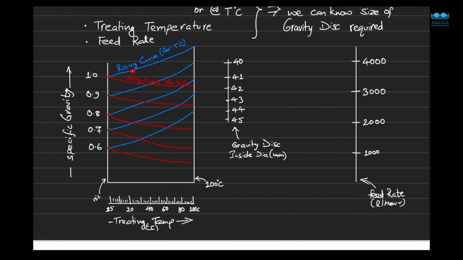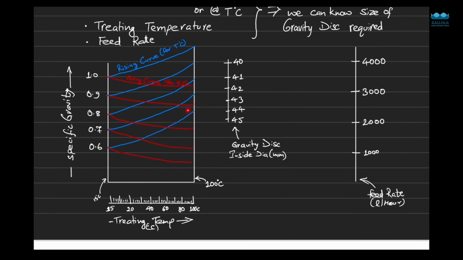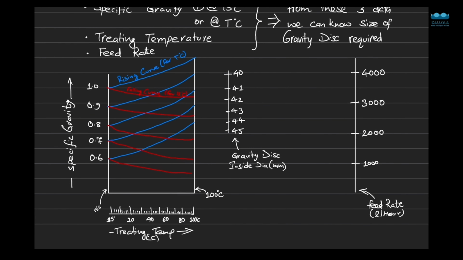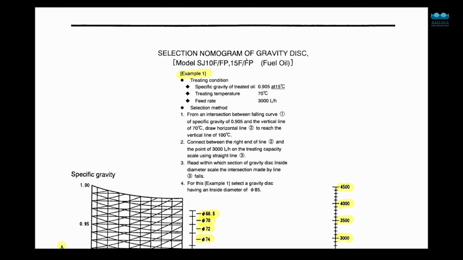We can see that these blue lines are the rising curve. As the temperature increases, specific gravity will increase, and these red lines are the falling curve. As the temperature increases, specific gravity decreases. So by two examples, we will get to know how to use this nomogram.